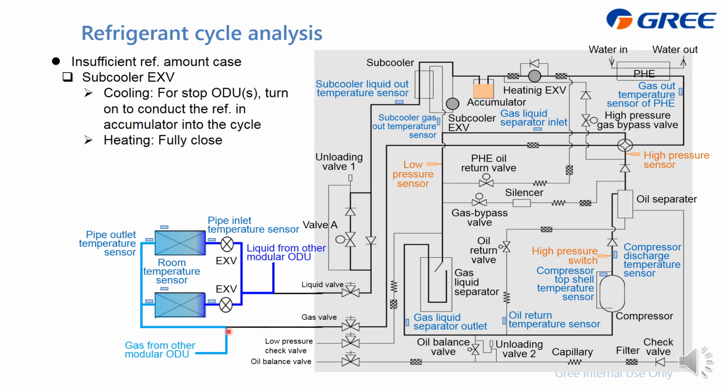Because this part is already low pressure in cooling mode, we have another idea, which is to use this subcooler EXV, and this is the low pressure, so this part will also be low pressure. So we will go to here, and if we just turn it on, then we can supply this refrigerant into the operating cycle, right? And for the heating mode, this one is fully closed.